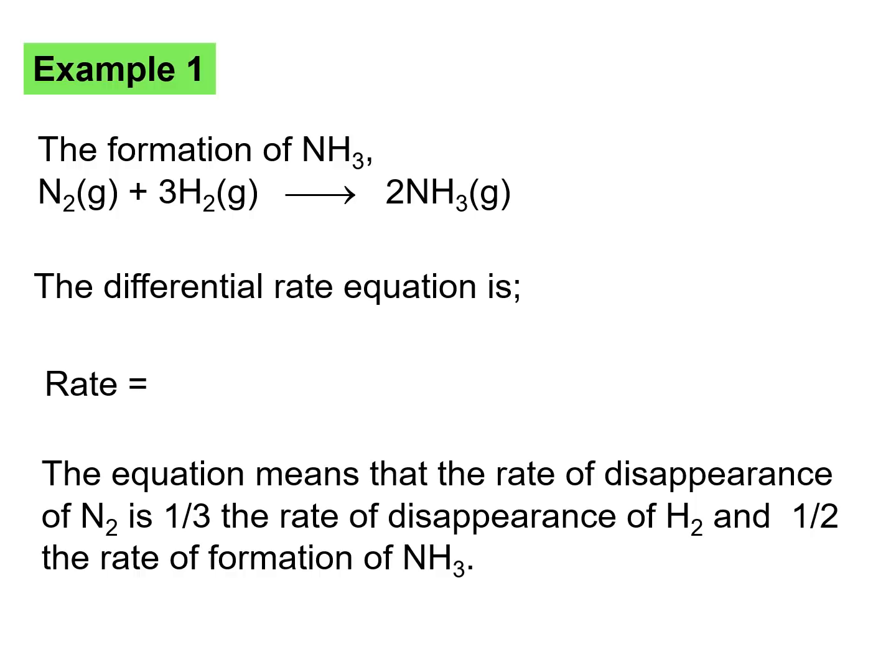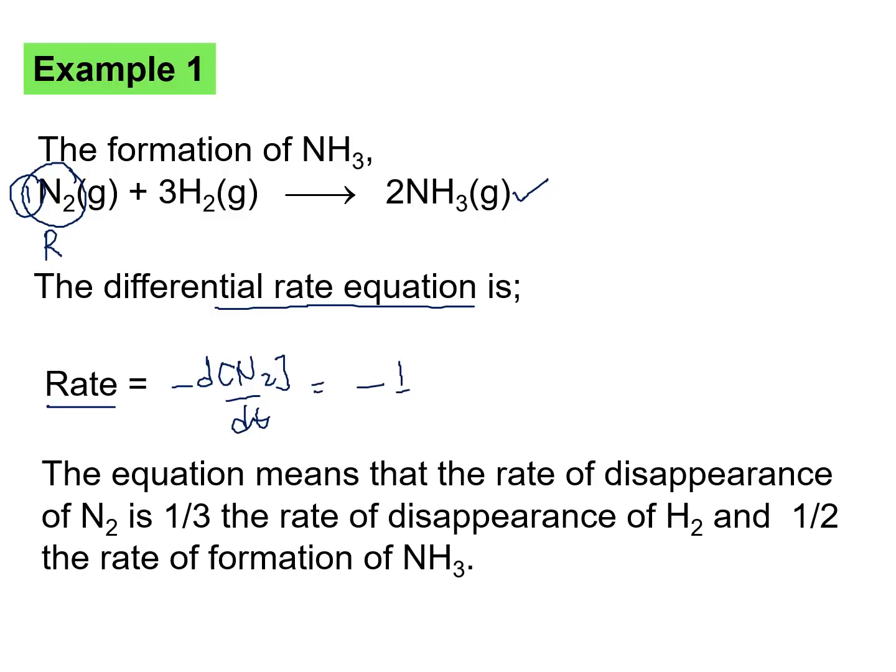Given the formation of ammonia, 1 mole nitrogen reacts with 3 mole hydrogen to produce 2 mole ammonia gas. Based on this equation, you can write the differential rate equation. Kita start dengan menulis perkataan rate equals to negative. Kenapa? Kita merujuk kepada spesies yang pertama ini adalah your reactant. Since dia punya coefficient adalah 1, terus kita tulis change concentration nitrogen over dt equals to negative 1 over 3.